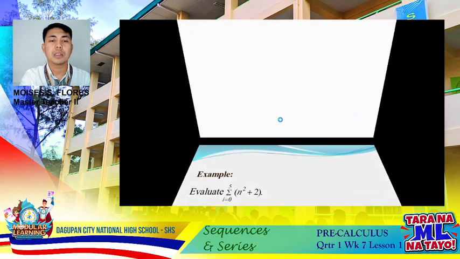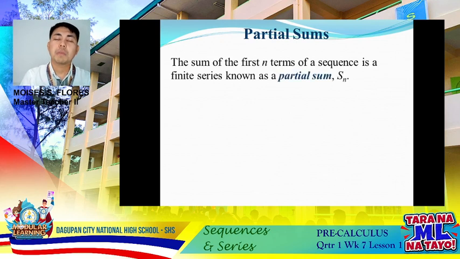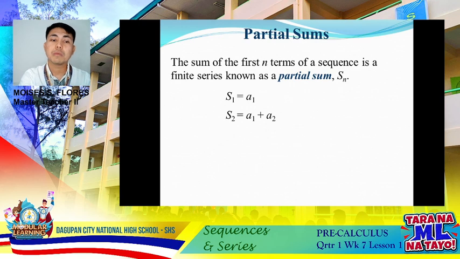Now, let's have the partial sums. The sum of the first n terms of a sequence is a finite series known as the partial sum, which is denoted as S sub n. So partial sums are for finite series. We have S sub 1 equals A sub 1, S sub 2 is equal to the two terms A sub 1 and A sub 2.